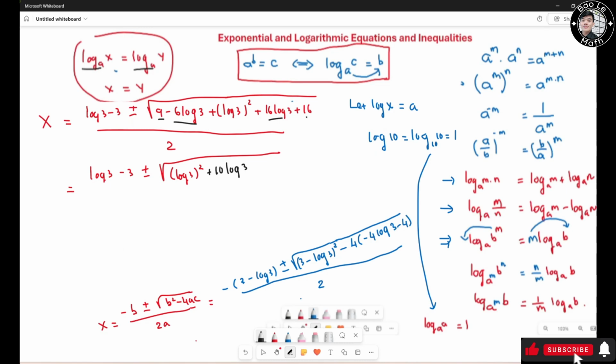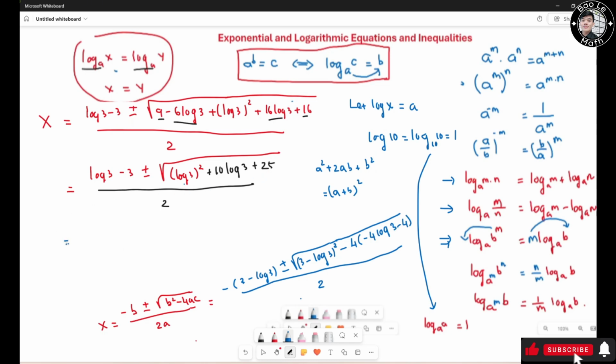And then 9 plus 16 is going to be 25, right? Over 2. Now 3 terms in the radical side right here turns out to be a complete square, right? Remember, if I have a square plus 2ab plus b square, it's going to be a plus b altogether square. A in this situation is log 3, b in this situation is 5, right?